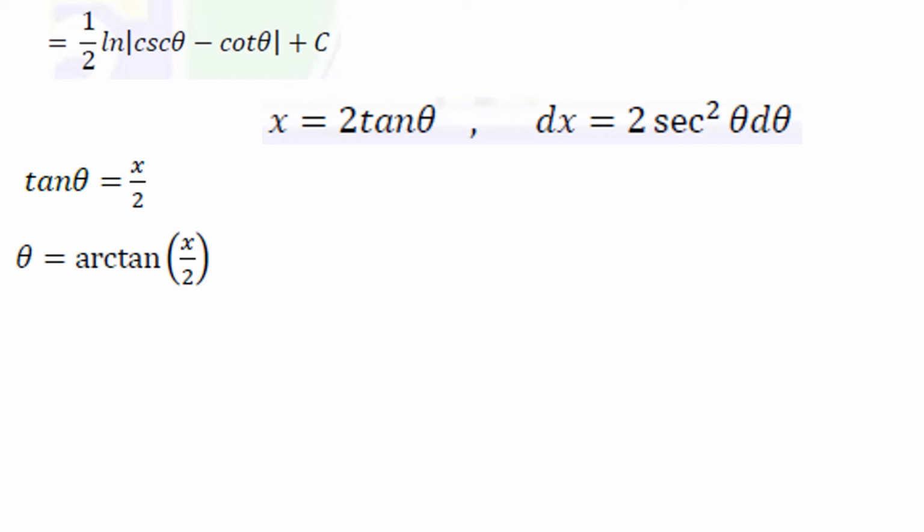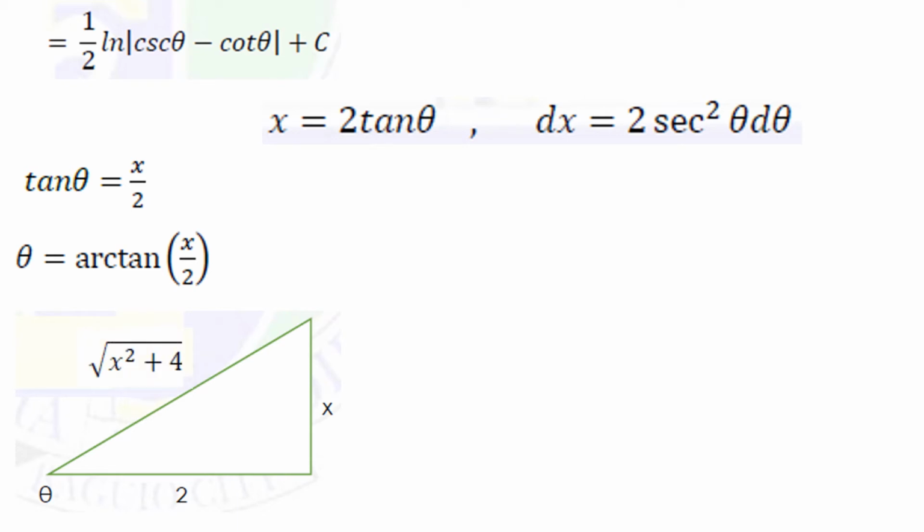Since tangent theta is a ratio of the opposite side over the adjacent side in a right triangle, if we construct the triangle, we place x as the opposite side and 2 as the adjacent side. The hypotenuse can be solved by the Pythagorean theorem, which gives the square root of x squared plus 4.